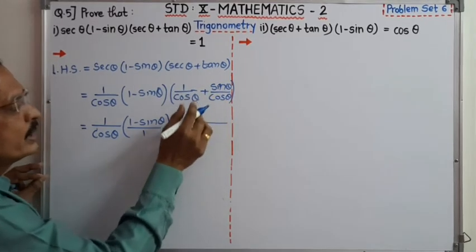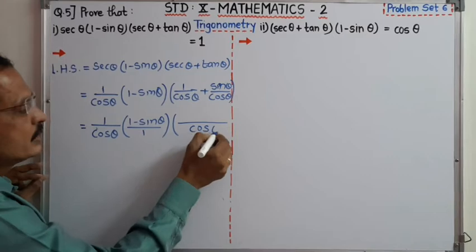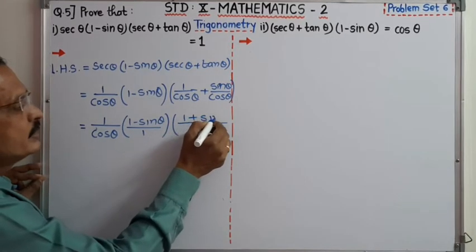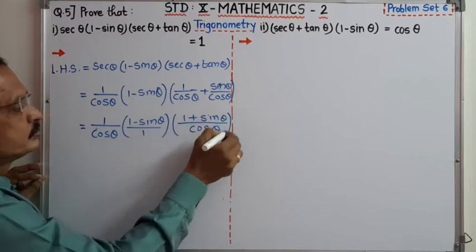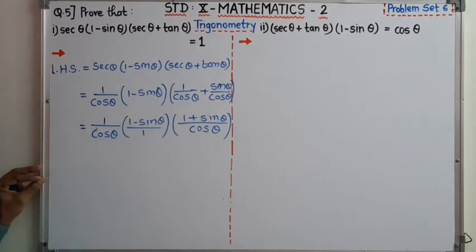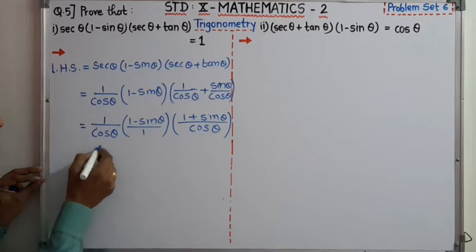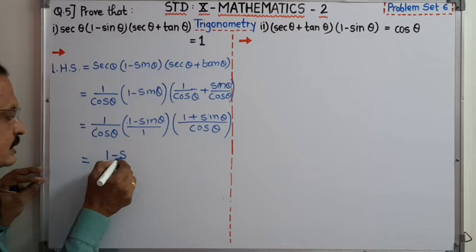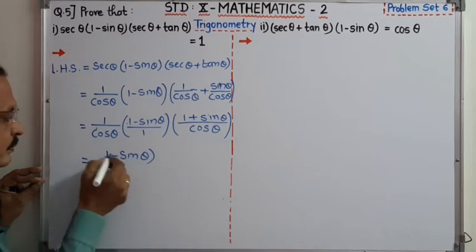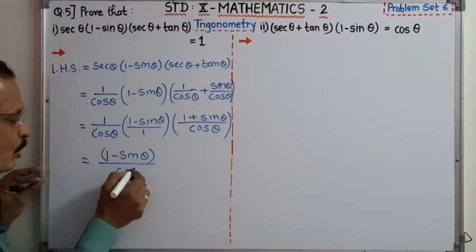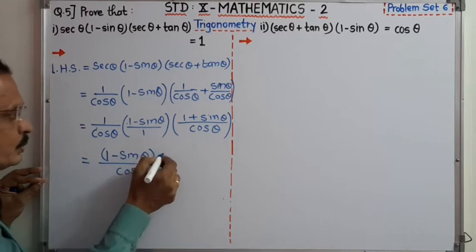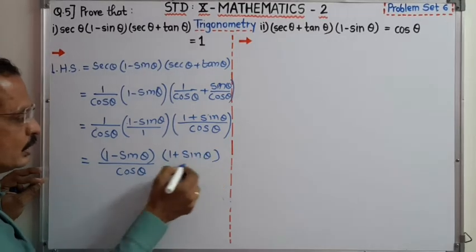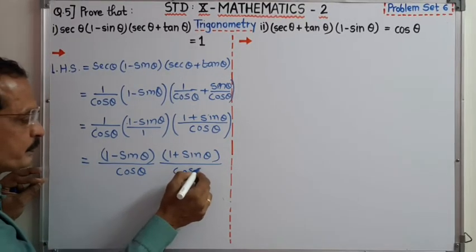If we have to do the addition, then it is cos theta, and here it is 1 plus sin theta. Got it? Now see dear student, it is 1 into 1 minus sin theta, that is 1 minus sin theta upon cos theta into 1 plus sin theta upon cos theta.